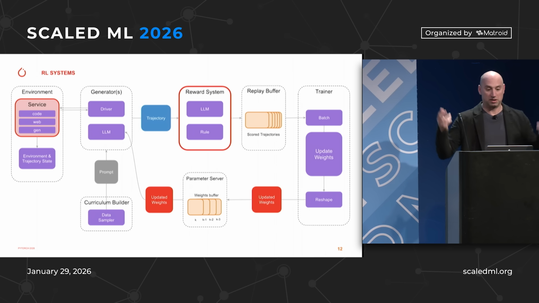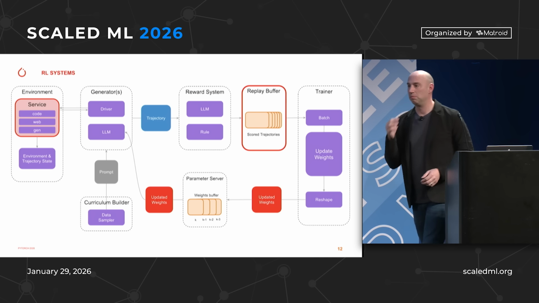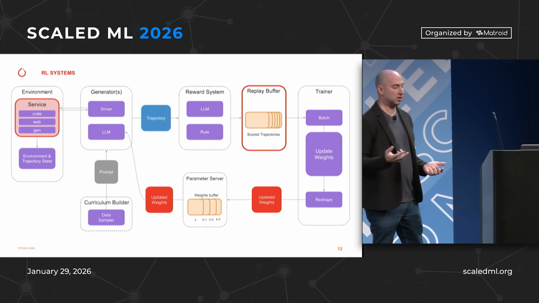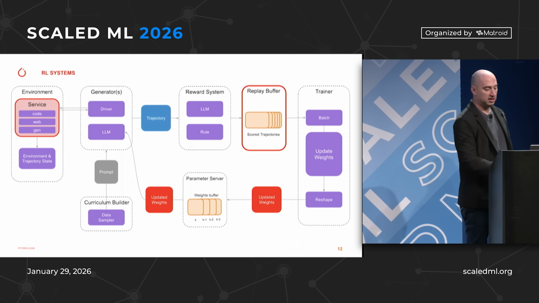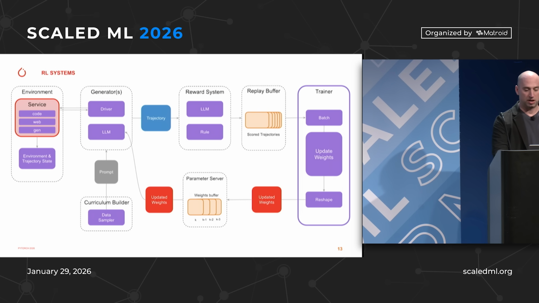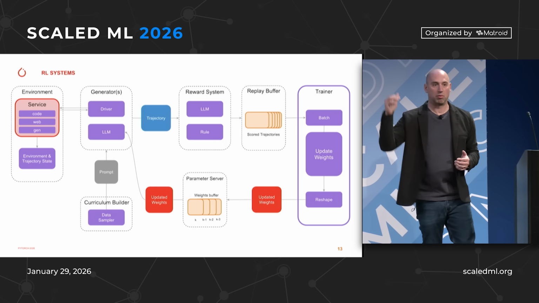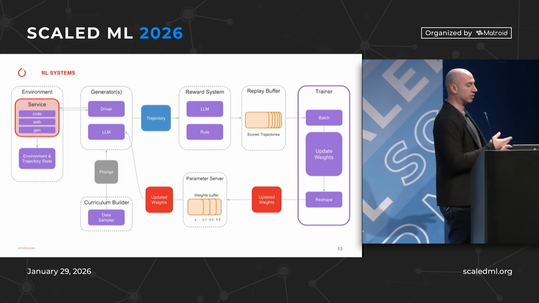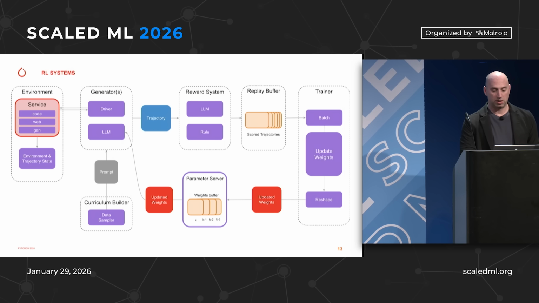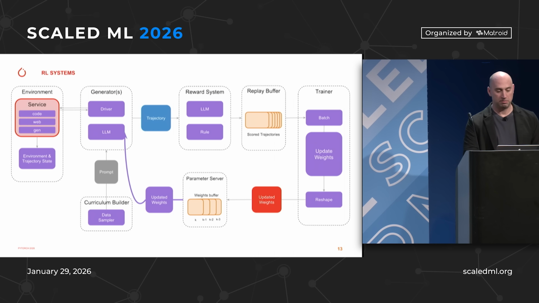Is my reward going up or not? It then puts that information into, say, the replay buffer, which can then be trained on, and then this whole loop continues, right? And so you're constantly running this RL loop and hopefully generating good rewards that then improve your overall system. And then you of course update the weights when you're training.